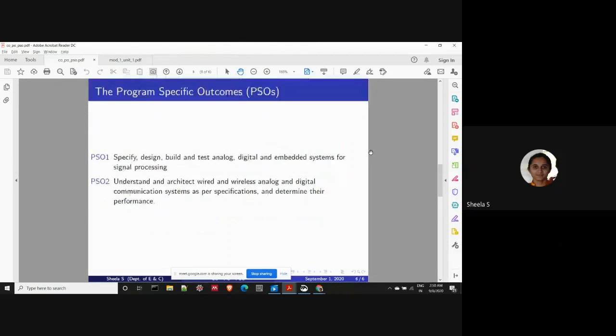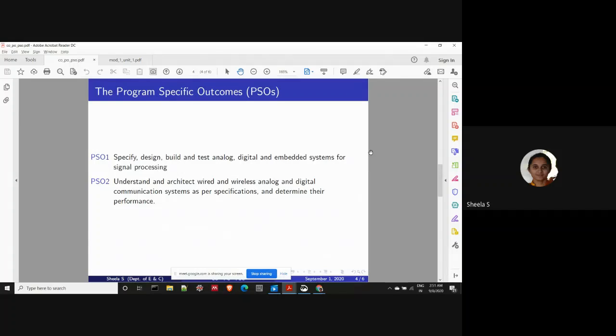And program specific outcome, it mainly depends upon the program which you have chosen. If you are choosing civil engineering, it will be having its own specific outcome. Similarly, when you are selecting electronics program, it will be having its own specific outcome.